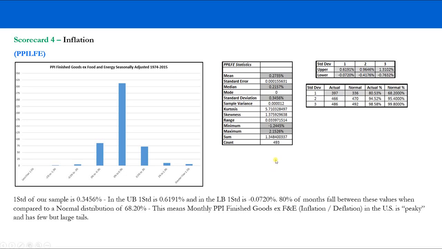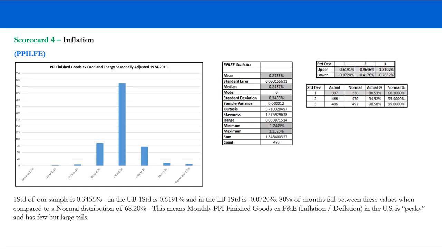And in the upper bound, so in the positive data side of the distribution, one standard deviation is 0.619%. And in the lower bound, it's minus 0.72%. And 80% of months fall between these values.